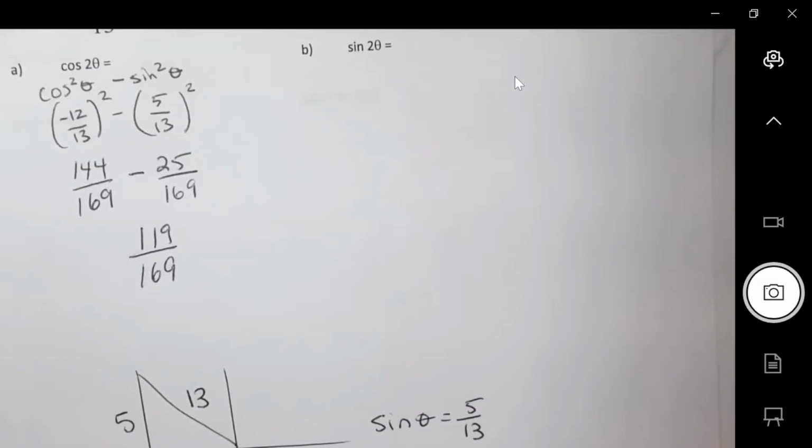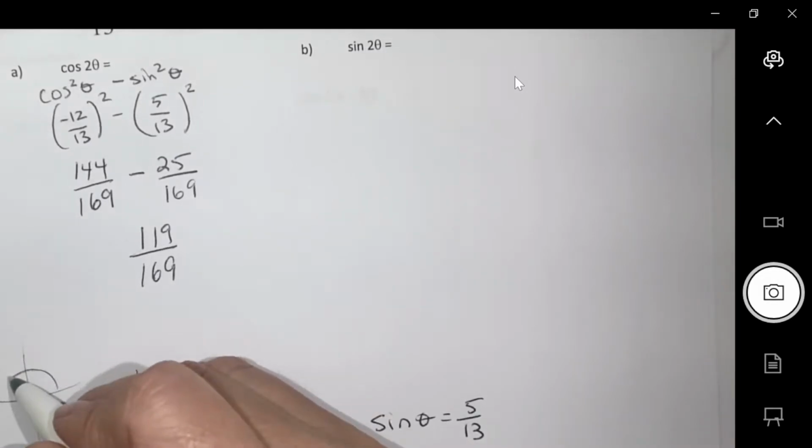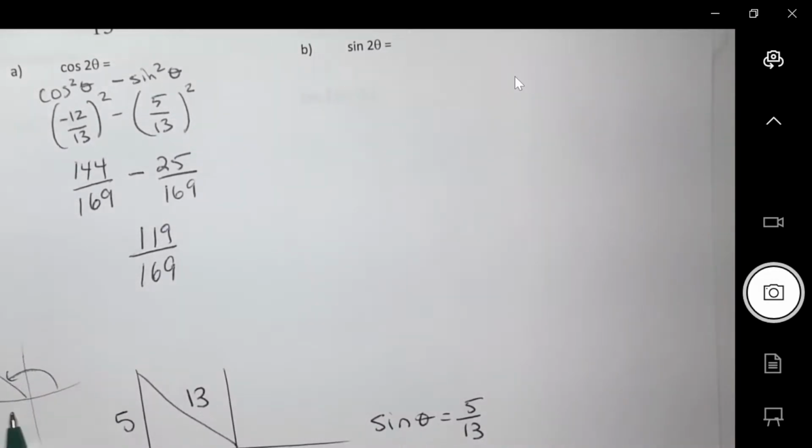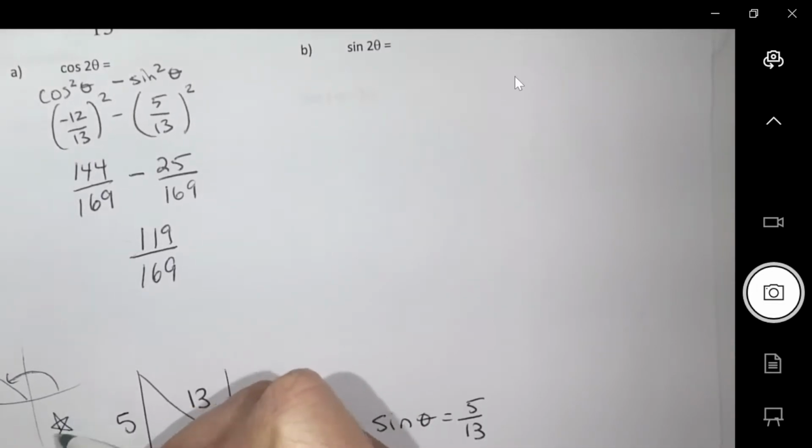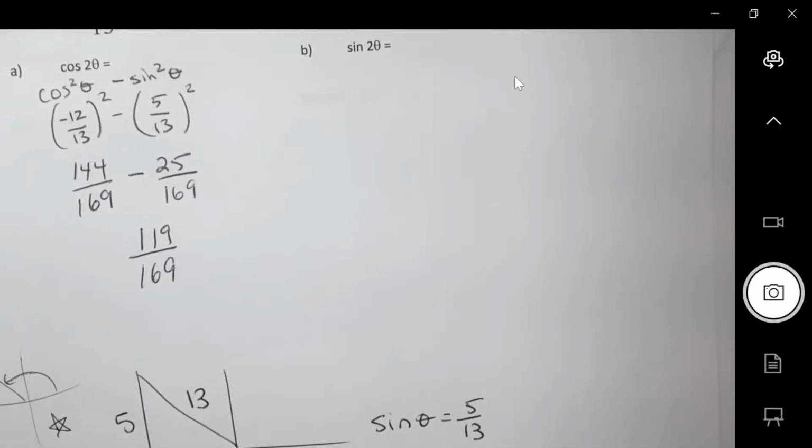And it makes sense that that value is positive, because if you think about an angle, I don't know where exactly it is. If you think about doubling that angle, which quadrant would you land in probably? You doubled it, you would land over there, right? Where cos is positive now.